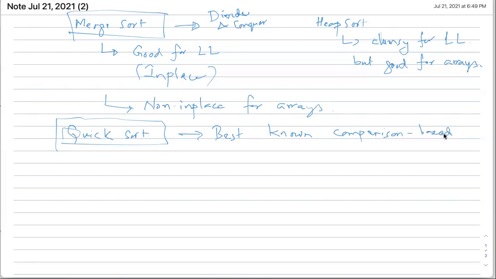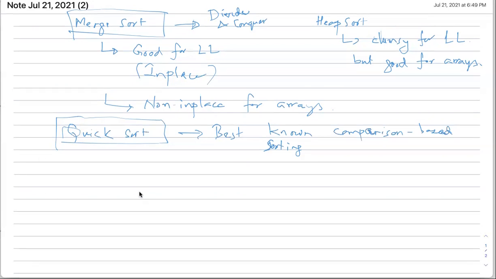I'm calling out comparison-based sorting because you just saw how counting sort can be a really very fast sort, but it is not generally applicable. But if you are taking any comparison-based sorting, then quick sort is the best possible known algorithm. So we're going to therefore discuss quick sort.